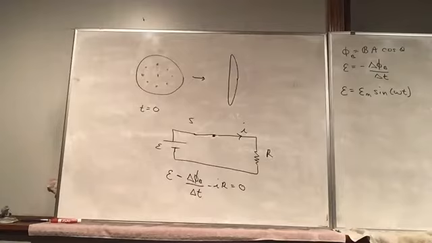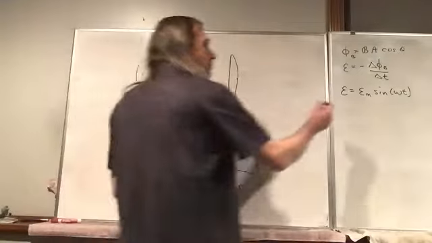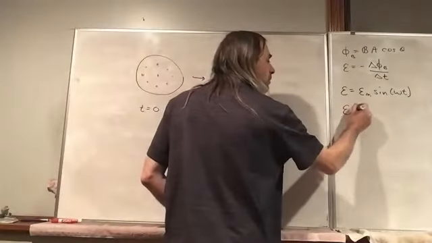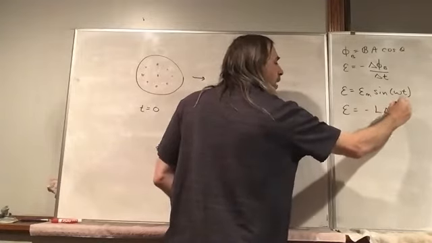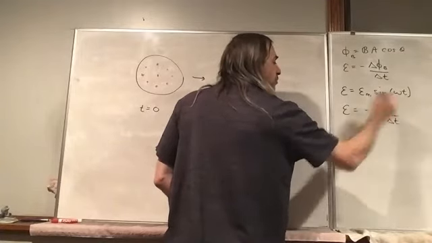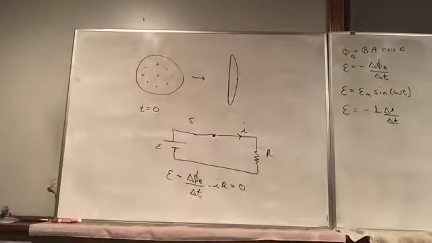We can define for this circuit something called the self-inductance, which will depend on how quickly the current is changing. So we call self-inductance L. It's measured in henries.